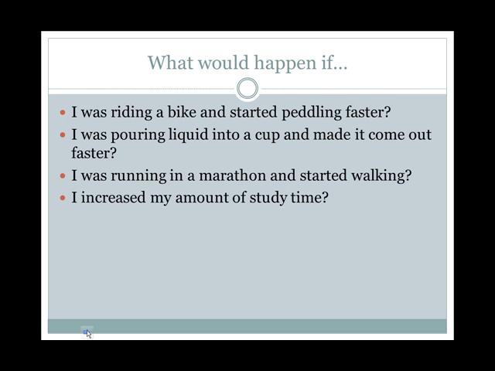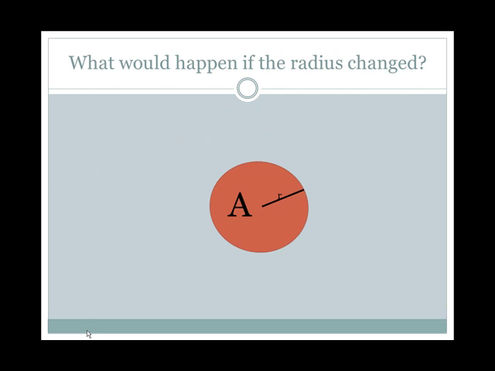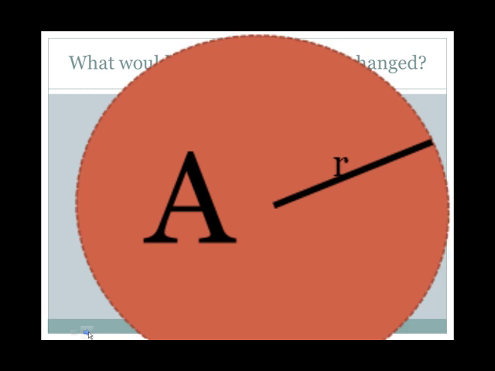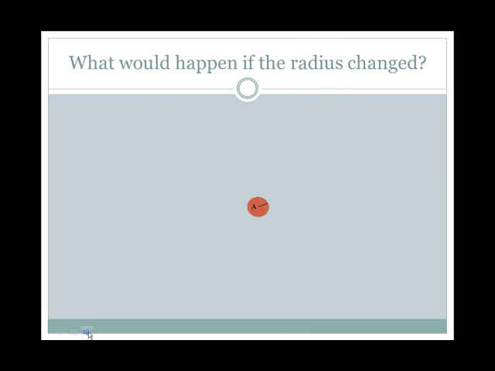What if I increased my study time? What would that do? Well, we might look at, does it increase your grade? Does it decrease your grade? Does it increase your anxiety level? Does it decrease your anxiety level? So if we had an oil spill, for example, as the radius changes, the area of this circle is changing.